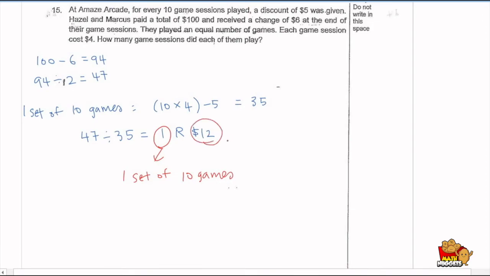And this $12 would tell me, each game costs $4, right? 3 games, which don't make up a set of 10. So how many game sessions did each of them play? 10 games plus the 3 will give us 13.